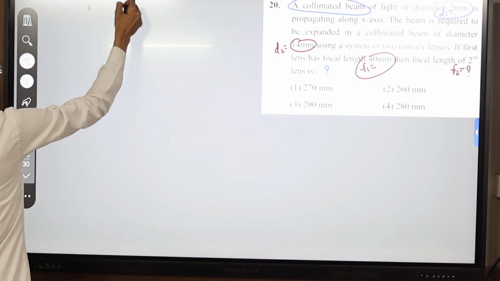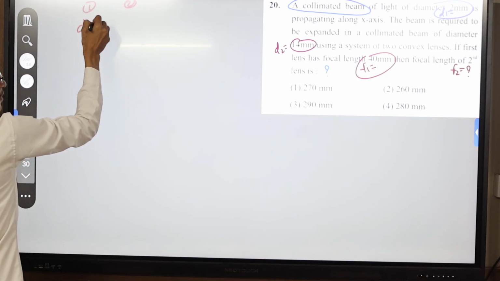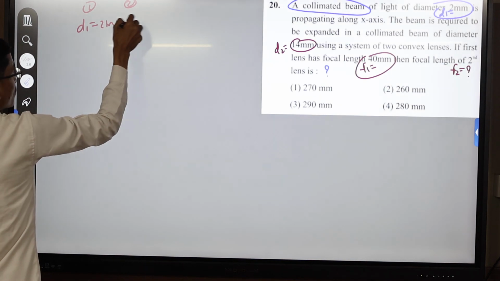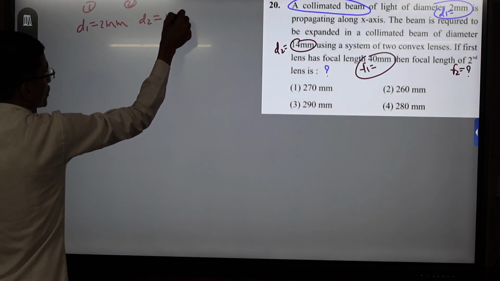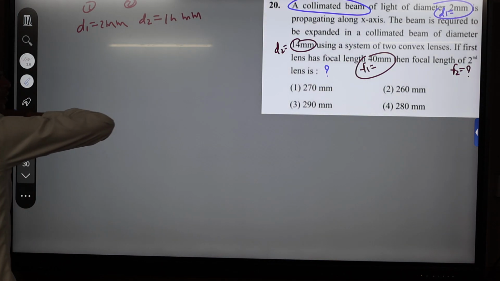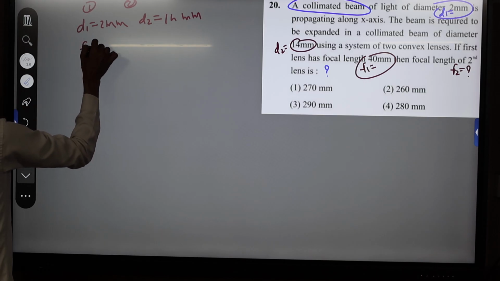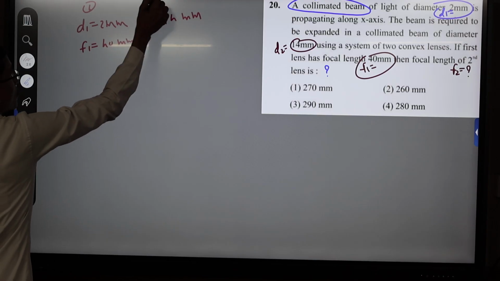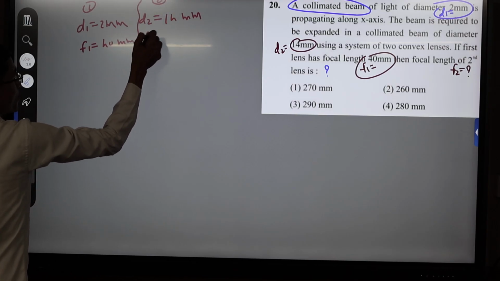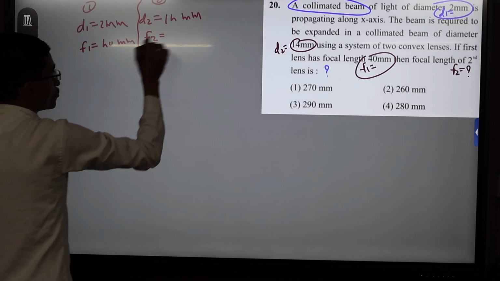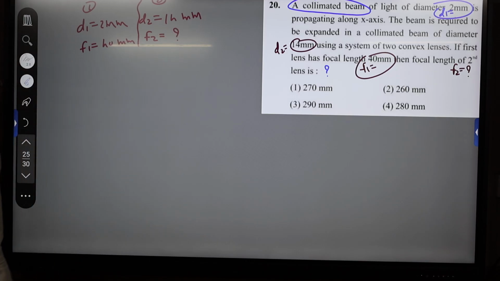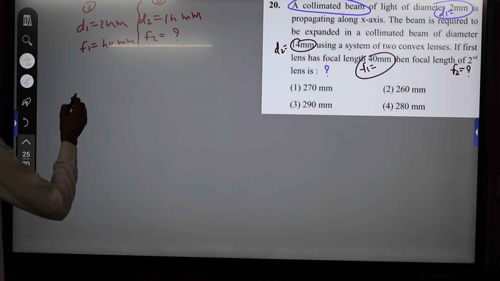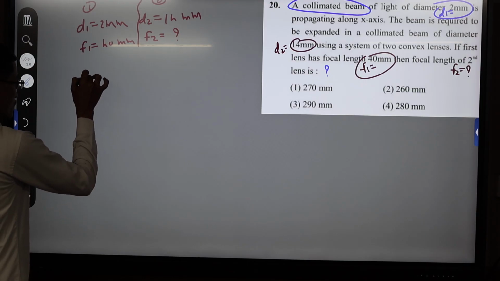In case 1 the diameter is 2 mm, in case 2 the diameter is 14 mm. Focal length in the first case is 40 mm and the focal length in case 2 we have to find. So first of all, the configuration of this is like this.